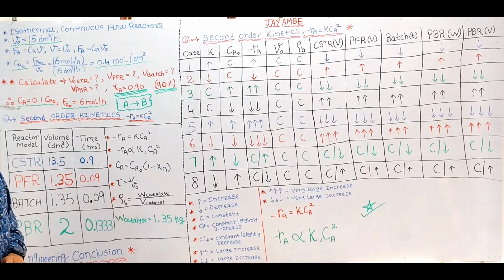I hope you understood. Now let's make the engineering conclusion. We'll try to compare the different reactor models with the required volume and the reaction time, and make the engineering conclusion about which reactor we should prefer in order to carry out the reaction.